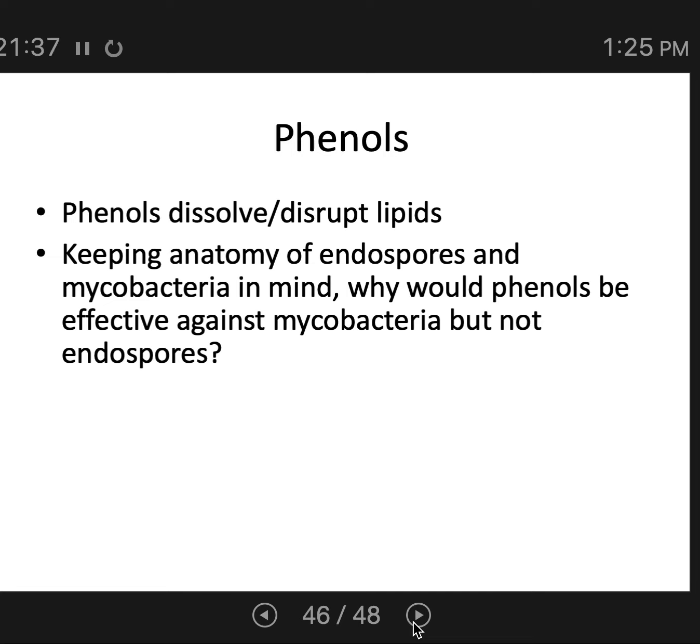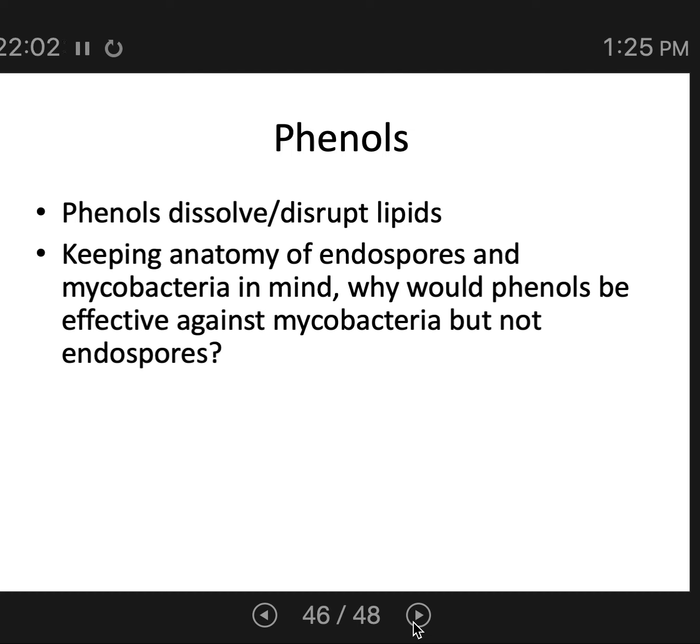Now, to approach this question, what you have to consider is, what is the protective layer for these different kinds of microbes? So you have mycobacteria and you have endospores. What is the protective layer? Now, endospores and mycobacteria both have plasma membranes that are made out of a phospholipid bilayer. So of course, if a phenol got into the cell past the protective barriers, it would kill both mycobacteria and endospores.